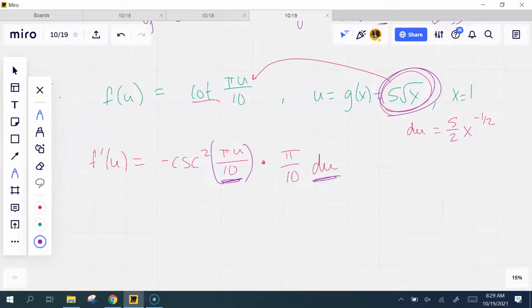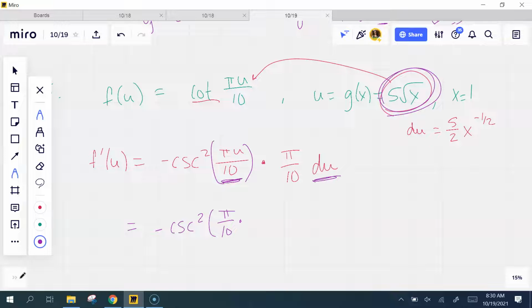So now I'm going to go back and plug everything back in and just work on simplifying. So this is negative cosecant squared, and I'm going to write it this way so you can see, times... Yes, you do. Because it should be 10. Sorry. My hands are getting ahead of my brain here.